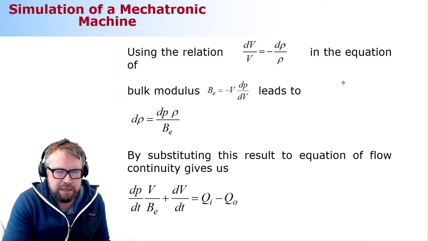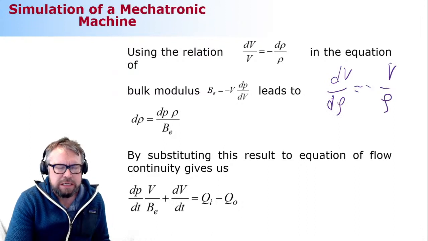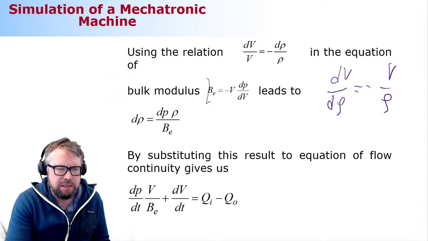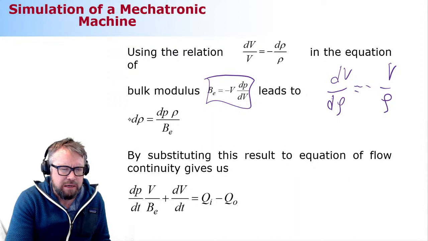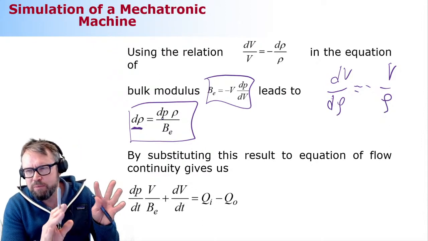This is coming, by the way, from the equation that dV divided by d rho is V multiplied by rho. So from this equation and using the definition of bulk modulus, I can express this relation, which is a relation between the density and the pressure.